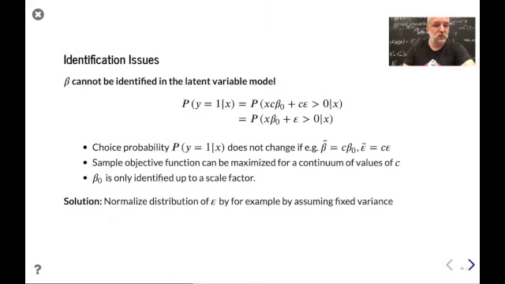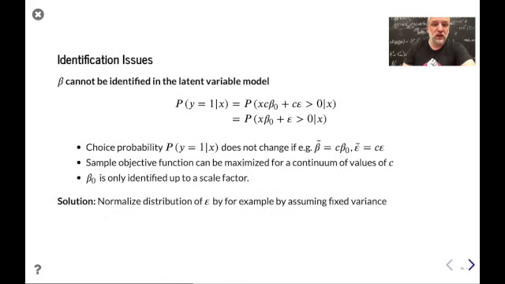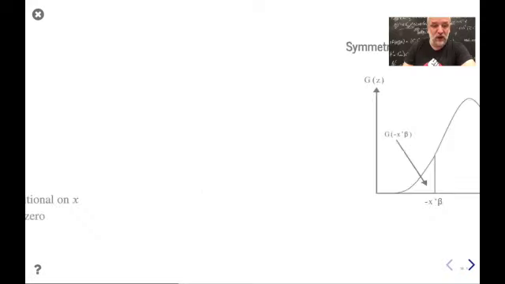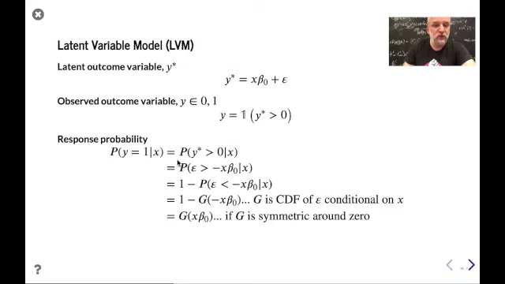Okay, so moving on. We now have an expression for the response probability that depends on this functional form for G. And we already talked a little bit about parametric models, right? That would be, we know G up to a set of parameters, and then we would just try to see if we could estimate the parameters, in this case, beta.